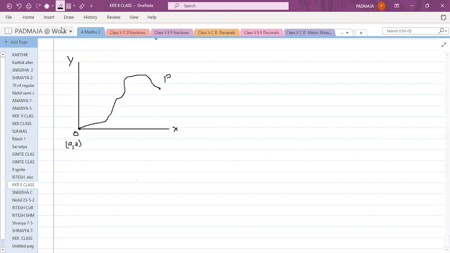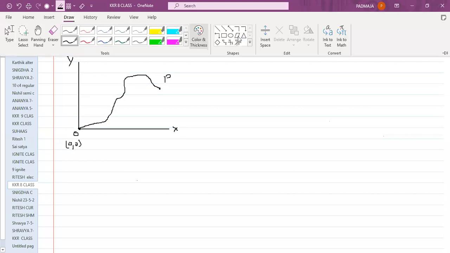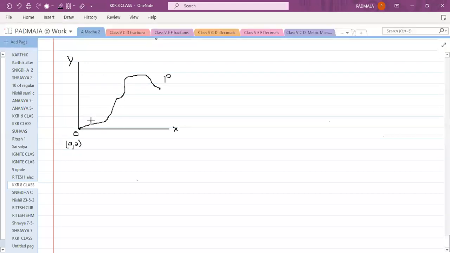Then what is the position of the particle after some time t in vector notation? If I want to write in vector notation, first you have to draw a straight line from the starting point to the ending point, that is from O to P.